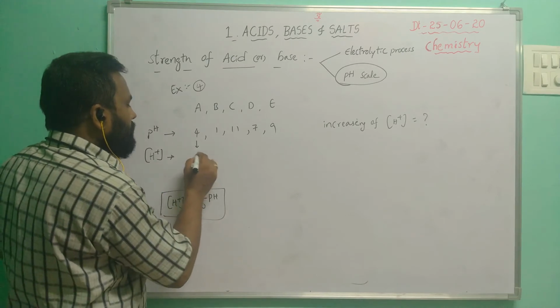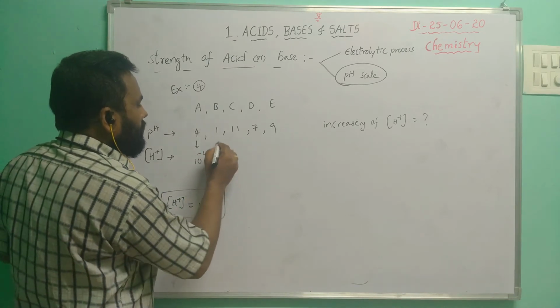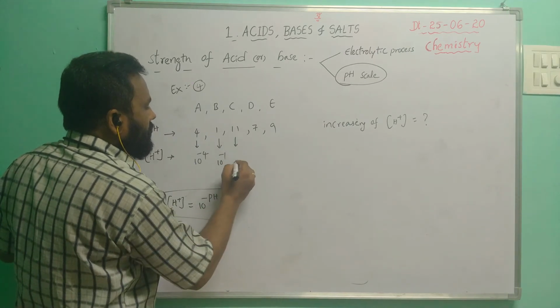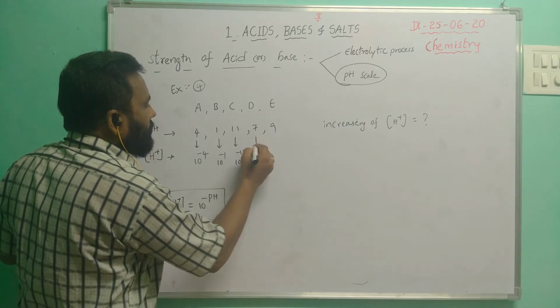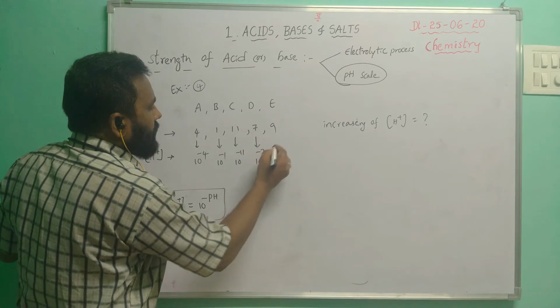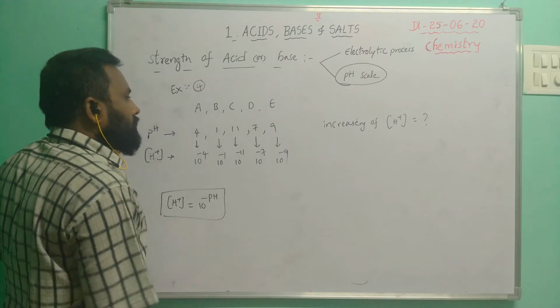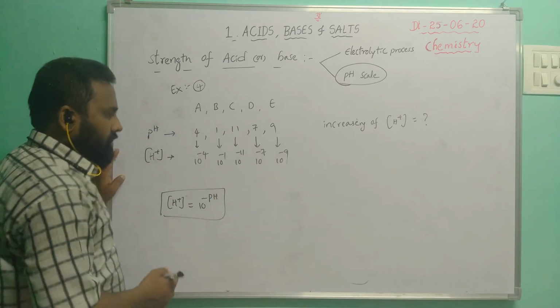Here 10 to the power of minus 4. Here 10 to the power of minus 1. Here 10 to the power of minus 11. Here 10 to the power of minus 7. Here 10 to the power of minus 9. So, increasing order of H plus ion concentration.